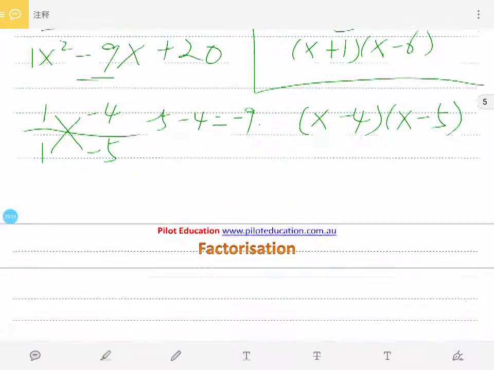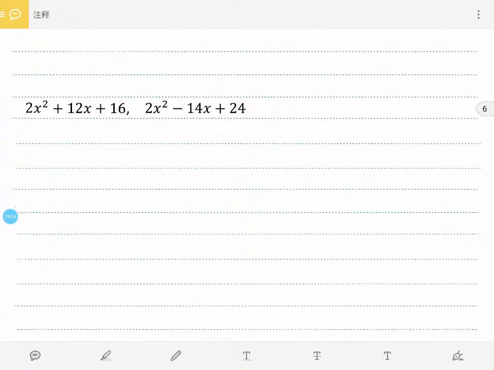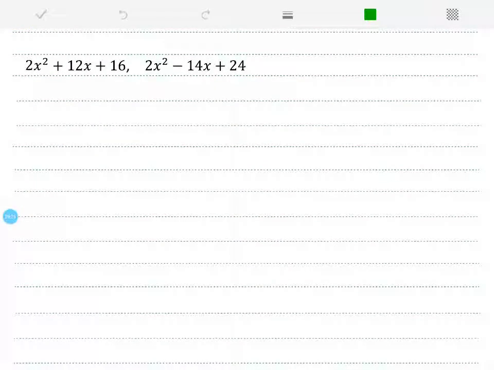Let's go to the next section. Here, you might also meet the type where all 3 terms have a common factor. For example, in the first example, they have the common factor 2, so you put 2 in front. So 2x squared plus 6x plus 8.